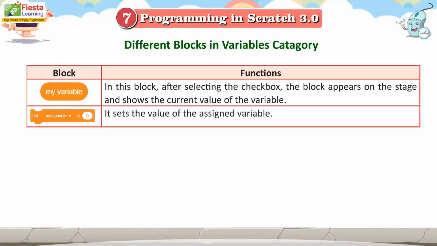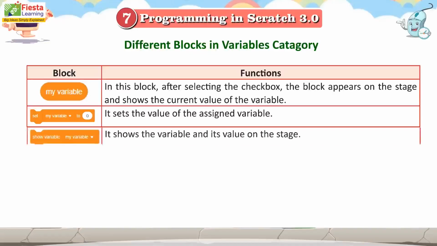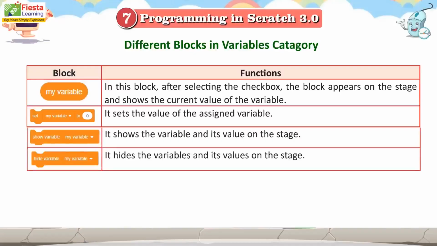Set my variable to. It sets the value of the assigned variable. Show variable my variable. It shows the variable and its value on the stage. Hide variable my variable. It hides the variable and its value on the stage.